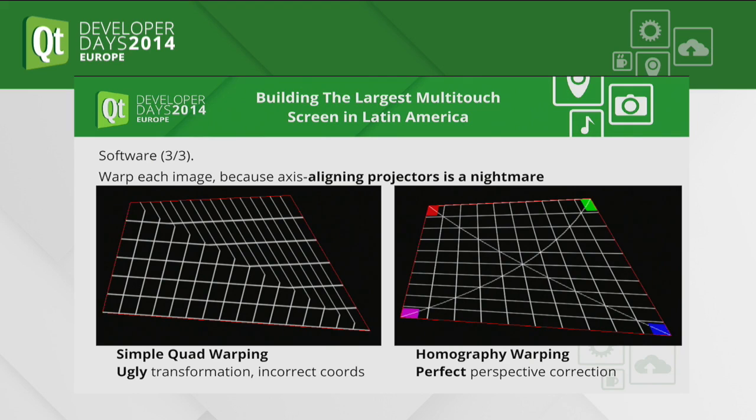The image does not translate correctly. The coordinates get wrong, because you don't have a correct perspective. Basically, what happens when you move a projector is that you move a perspective, and when you warp like that, the coordinates get incorrect. So you need what's called homography warping.